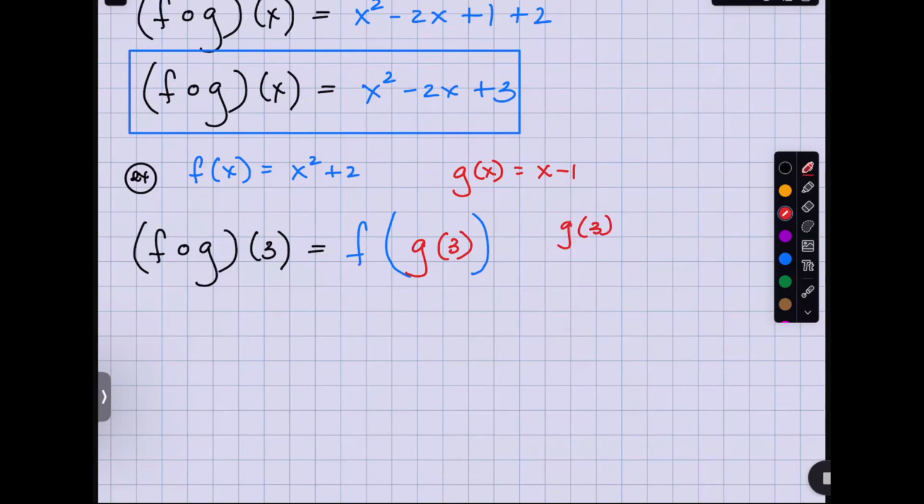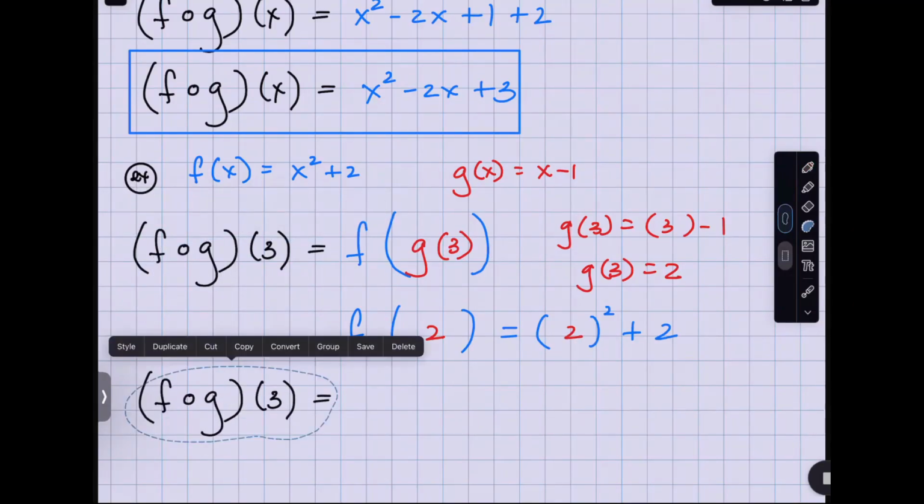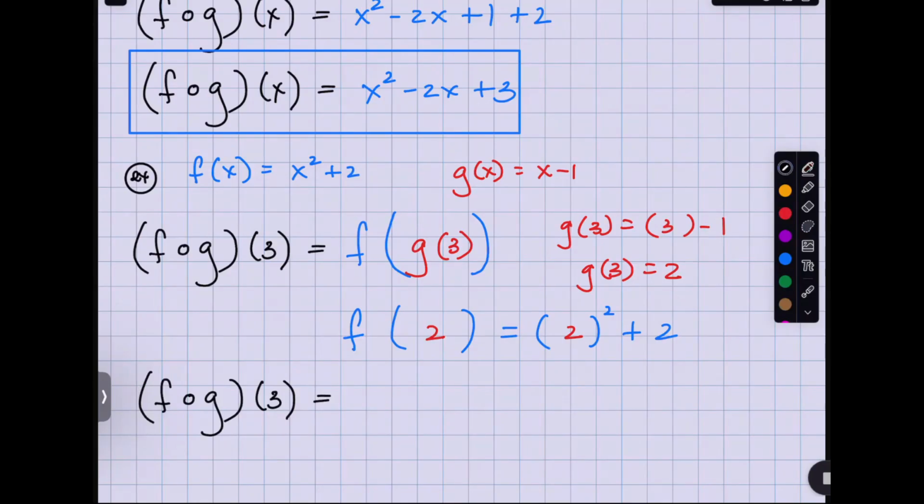And g of 3 is equal to, so put 2 for x for the blue equation. Does that make sense? Questions?